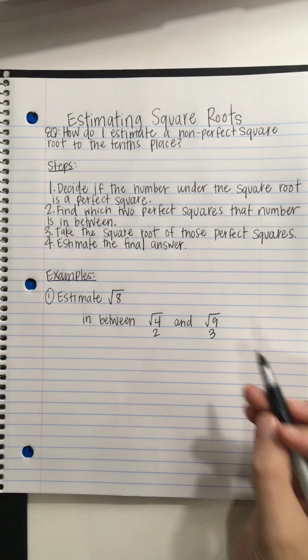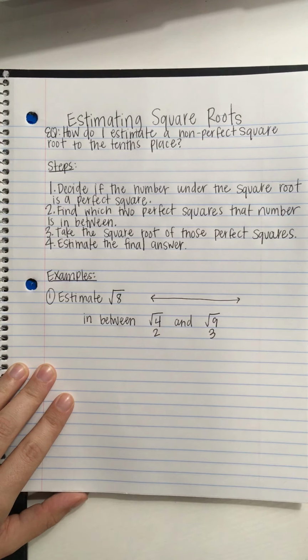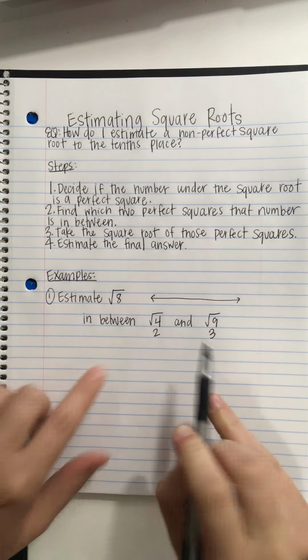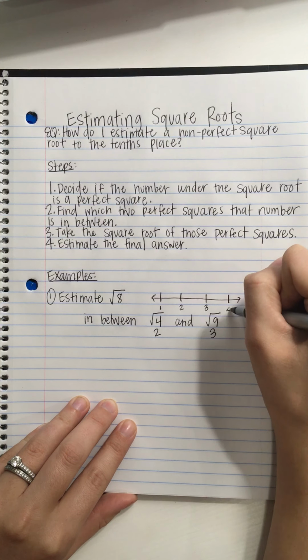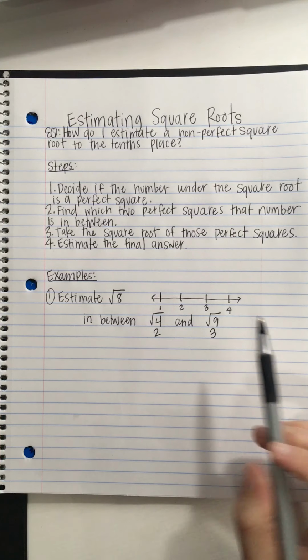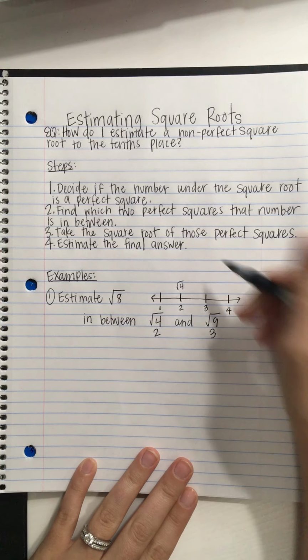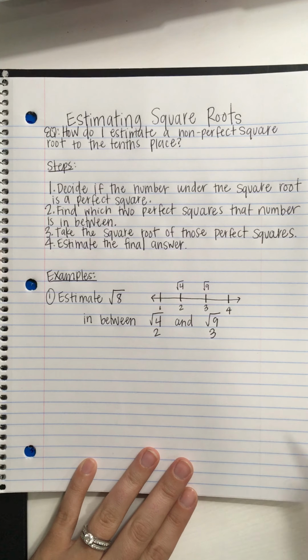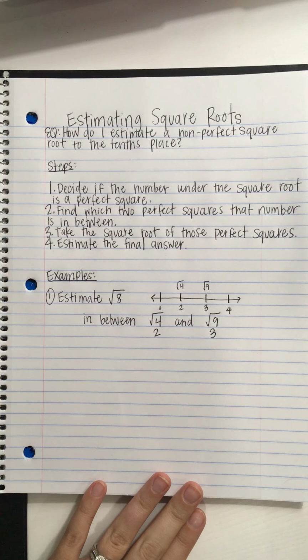So that means if you think about on a number line, 2 and 3 are numbers on a number line. So if we have 1, 2, 3, and 4, here's your numbers on the number line. Here is square root of 4 at 2. Here is square root of 9 at 3. This square root of 8 falls, let me grab a different color.